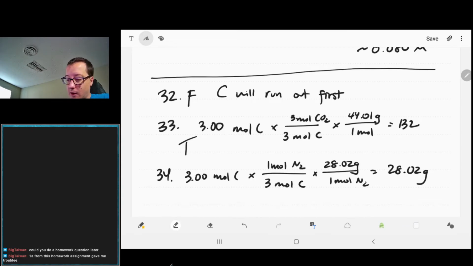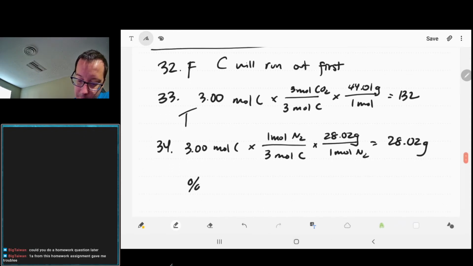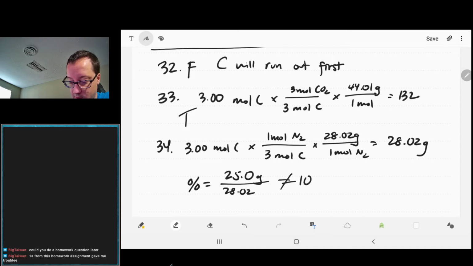It looks like our actual yield is 25 grams, according to the problem. Well, that's definitely not 10.8. Hopefully we can see that. That's something like, I don't know, 85 or something percent, or 90%, something like that. So that one's definitely false.